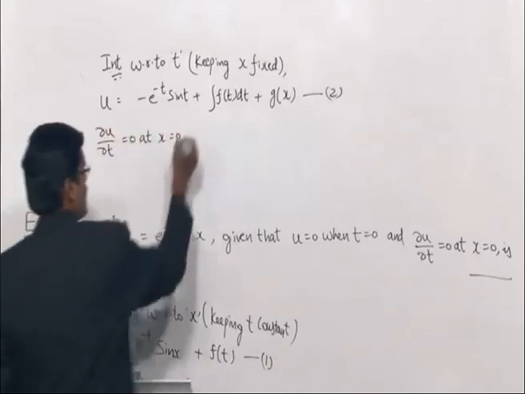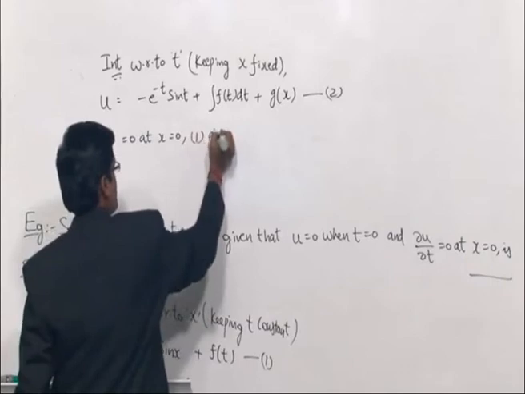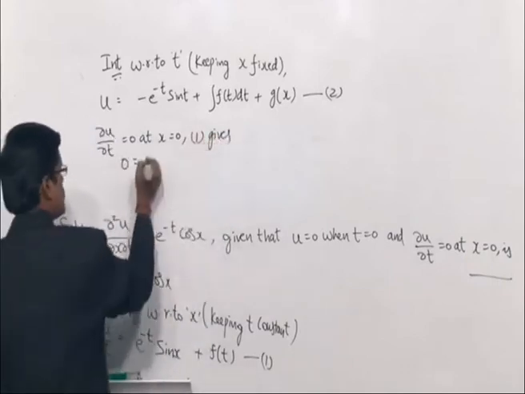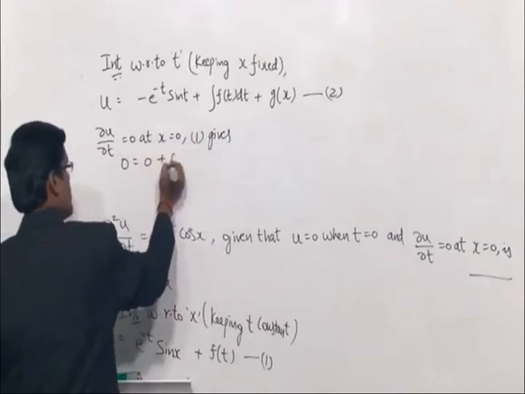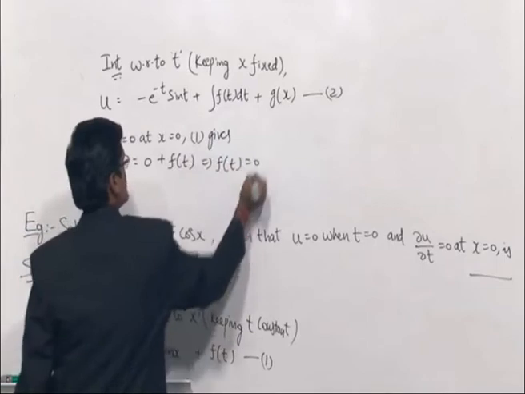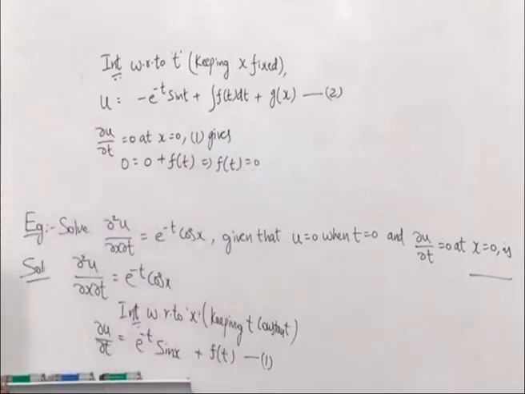Substitute these values in equation 1. Equation 1 gives 0 equal to sin 0, which is 0, plus f of t. That means f of t is equal to 0.